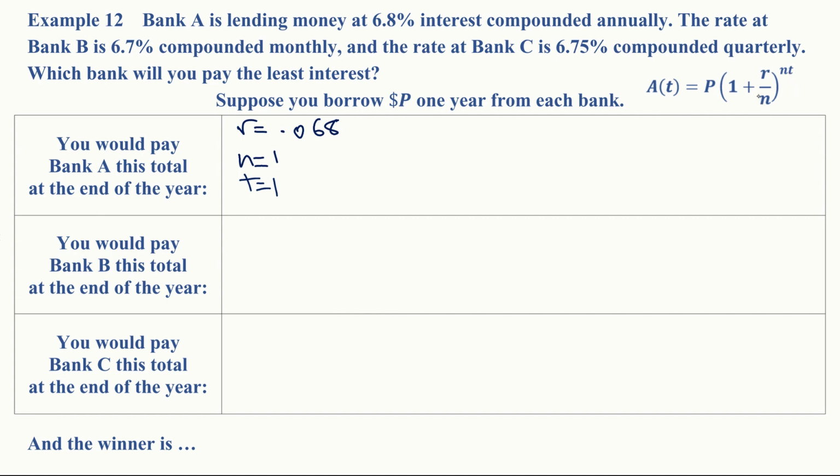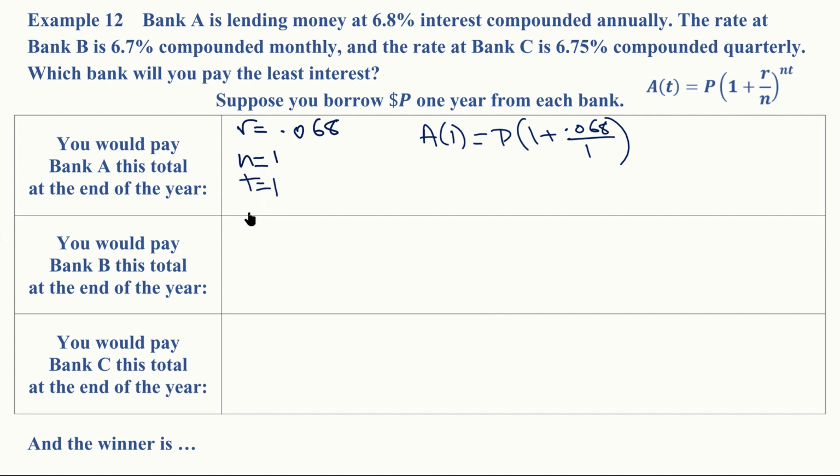So we get A of 1. So at the end of 1 year, you will have paid P times 1 plus 0.068 over 1, right? Over n, which is 1, to the power of nt.